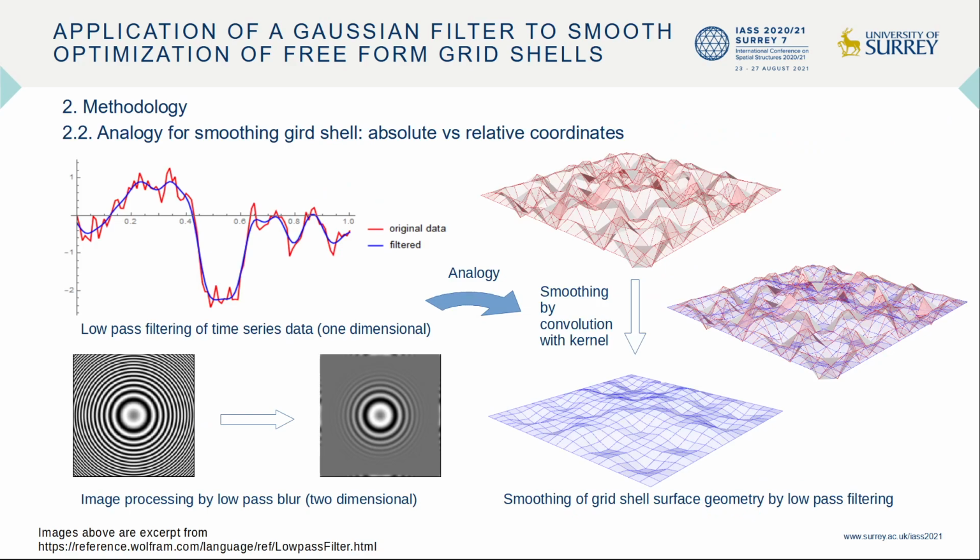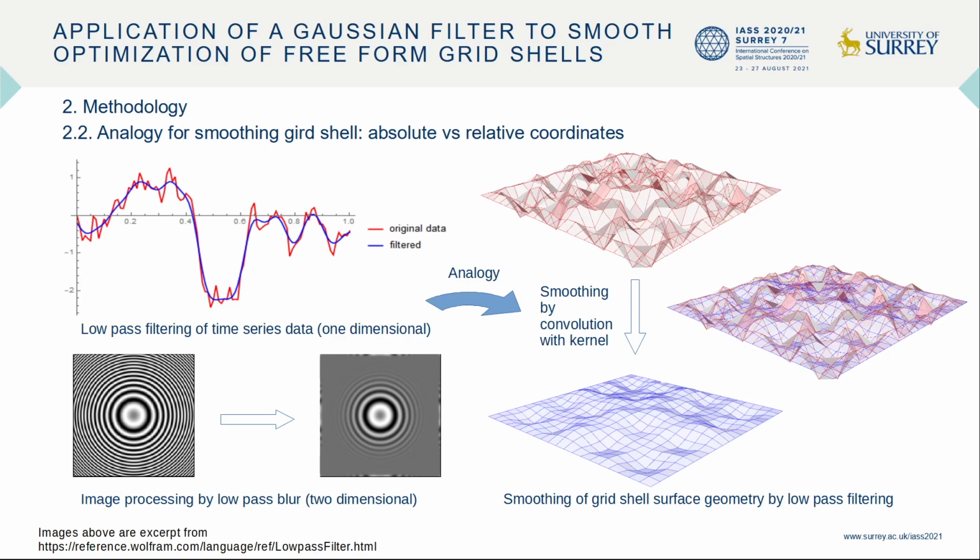The proposed method to get a smooth optimal geometry for grid shells is based on discrete convolution, which is used for signal low-pass filtering or image blurring. It is only an analogy.